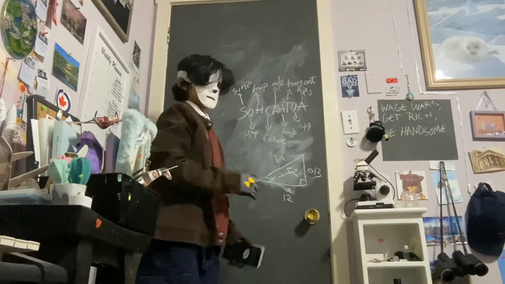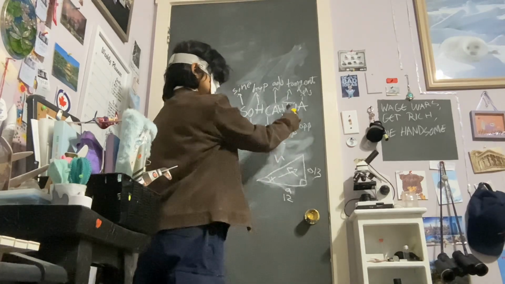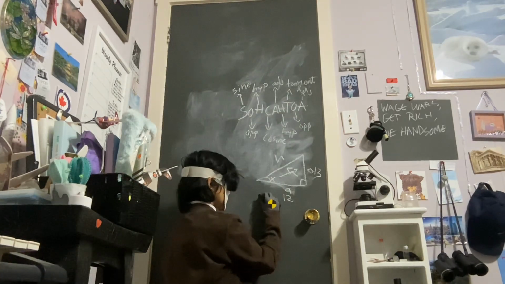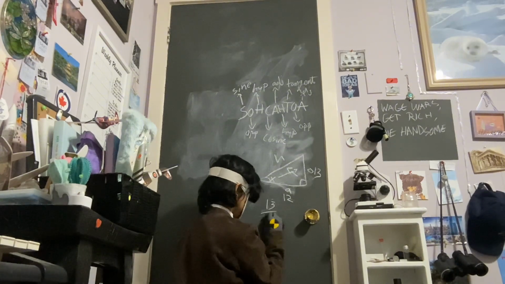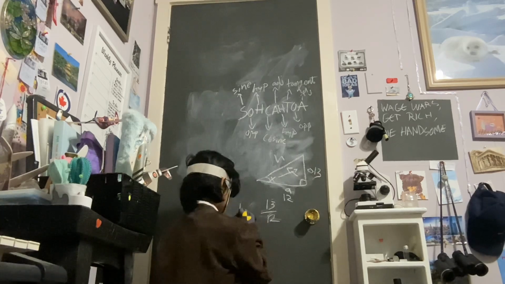Tangent, or for short, tan, which is right over here on the scientific calculator. So what you do is, the O comes before the A, so it will be 13 divided by 12. So tan negative 1.